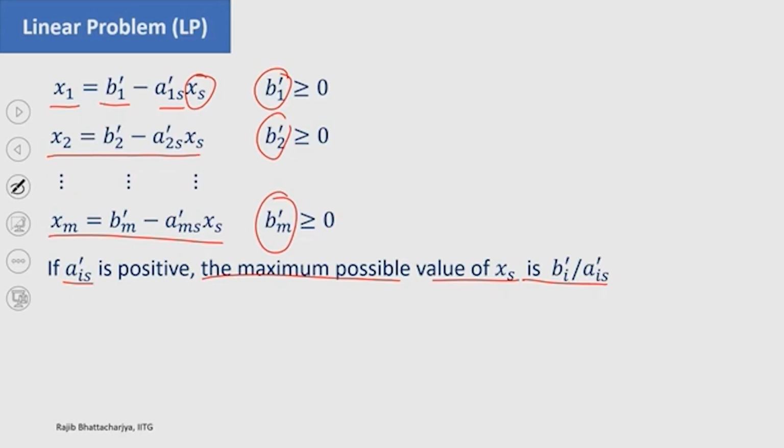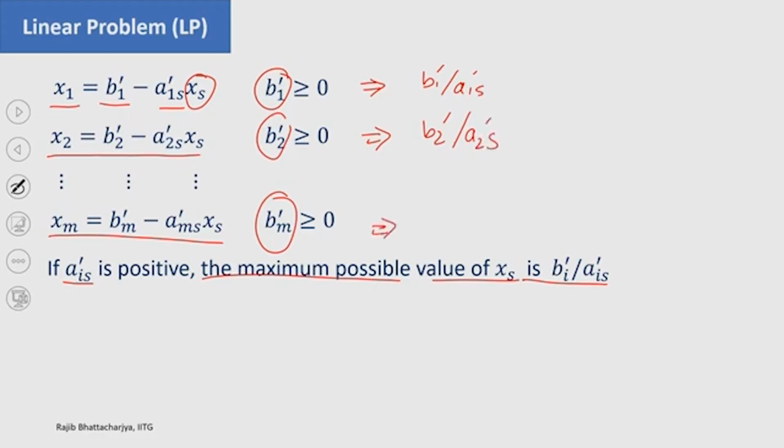From the first equation, it is b1 dash divided by a1s dash. From the second equation, the maximum possible value of xs is b2 dash by a2s dash.